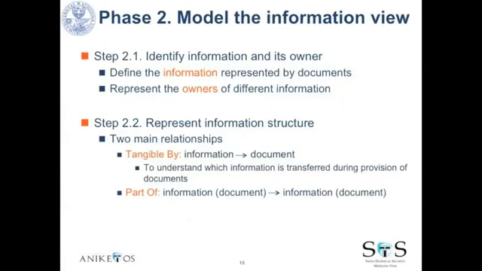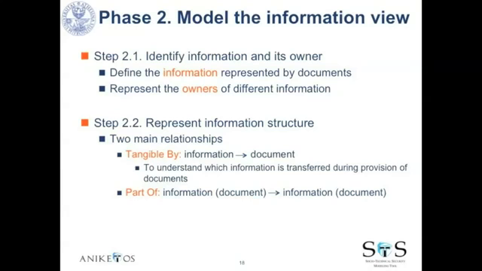now we next go to the information view, the second phase, so modeling the information view. This view was created because in the social view we have documents that actors possess, and documents they exchange with one another by means of document provisions. But it is important to know what this information is and how this information is exchanged.